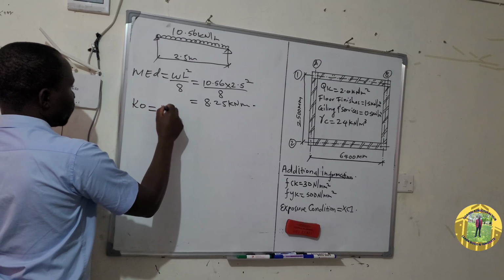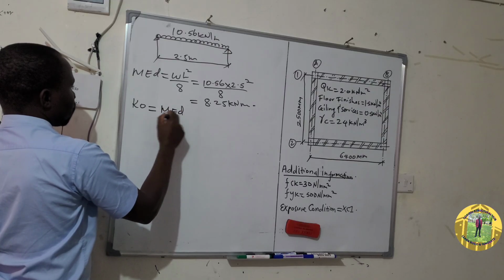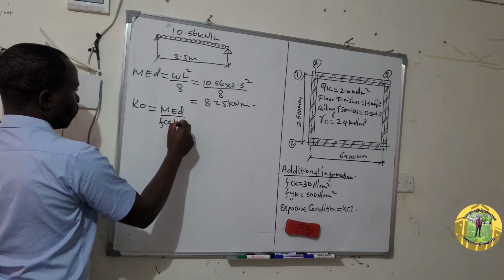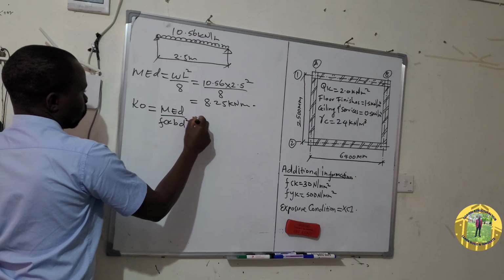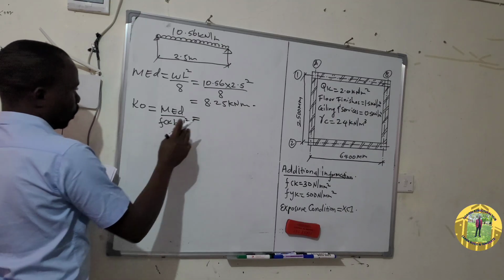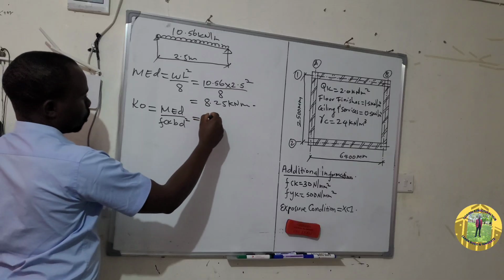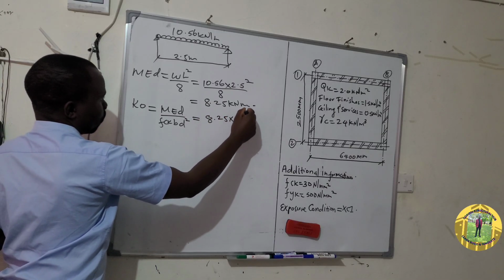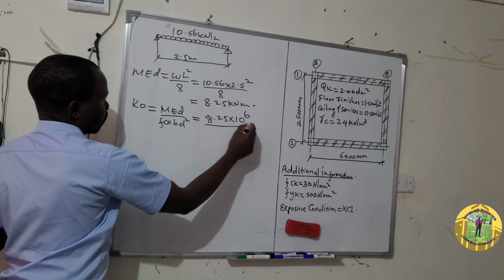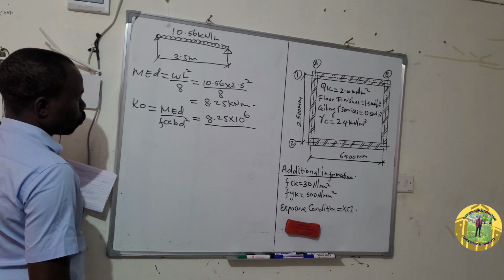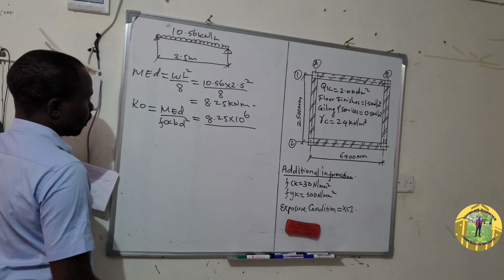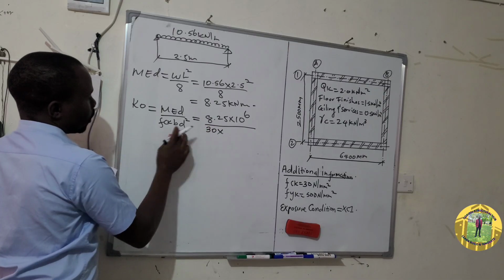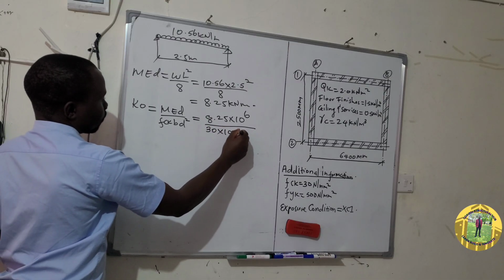After calculating the ultimate design moments, the next step is to calculate K naught, which is given by M ED all over FCK BD square. So this one is equal to M ED, which is 8.25 times 10 to the power of 6, changed from kilonewton meter to Newton millimeter, over FCK, which is 30, times B. B is 1,000.